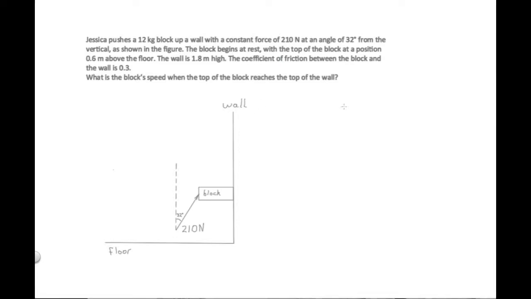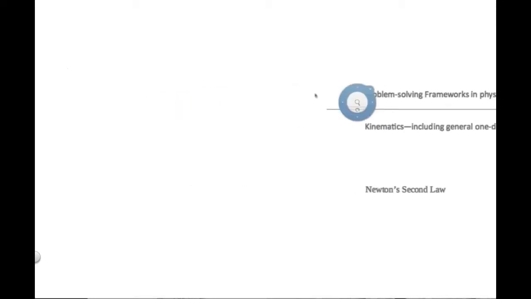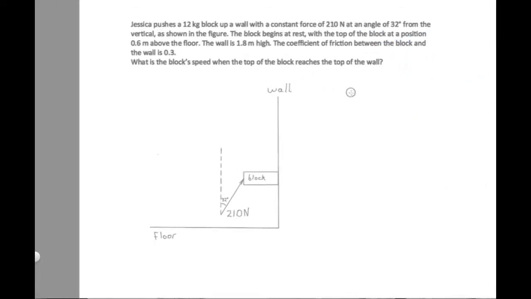Now, what type of kinematics are we going to use? Two common types would be general one-dimensional kinematics and projectile motion. Is this problem projectile motion? No, because projectile motion is when the only force on the object is the force of the Earth's gravity. That is, the only force on the object is the force of the object's weight. But there are a number of other forces on this block besides its weight.